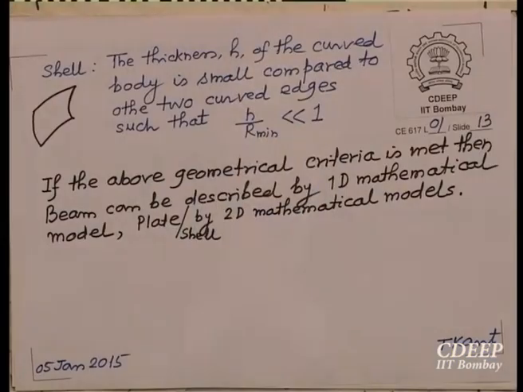Mathematically we can say that H by R minimum can be considered to be less than unity, say about 1 by 20, definitely up to 20 you can take, then it is thin, otherwise it is moderately thin, not very thin, and then after it goes beyond, it becomes thick. Thick means you have to use 3 dimensional theory.